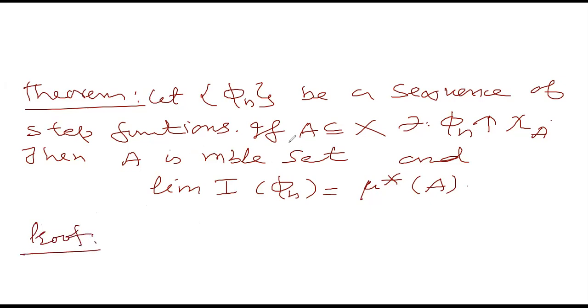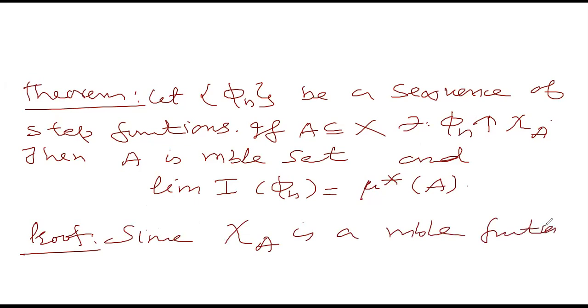So look at this. The limit of phi n is chi of A. Therefore, chi of A is a measurable function because it is the limit of a sequence of measurable functions. Since chi A is a measurable function, therefore A is a measurable set.